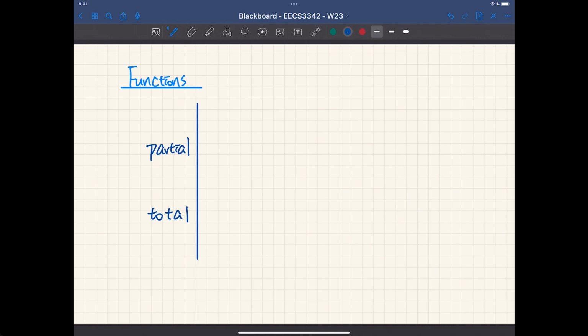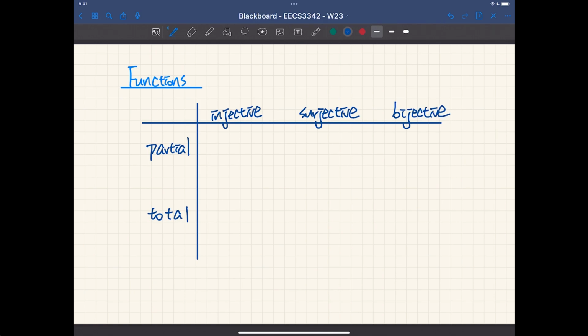And the second dimension is, given that it's a function, you can say it's either injective, surjective, or bijective. So we've got 2 dimensions here. We already talked about the first dimension today, so please try to review it. That will also benefit you for Wednesday's lecture.